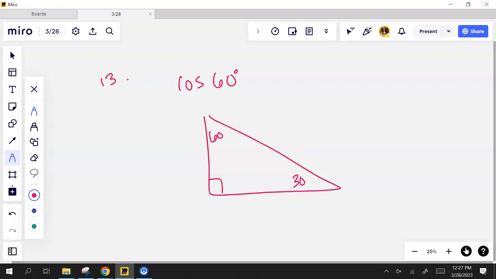If this is x, and this is 2x, and this is x times the square root of 3, then the cosine of 60 would be adjacent, which is x, over hypotenuse, which is 2x, which is just 1/2.